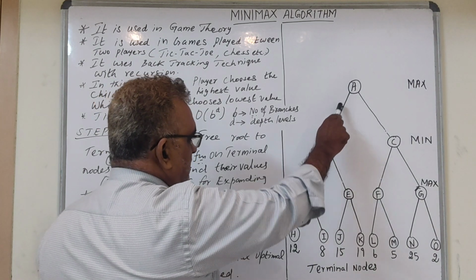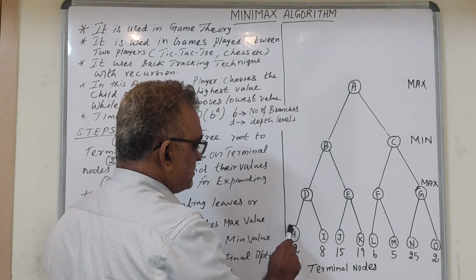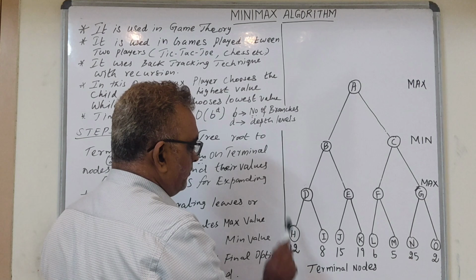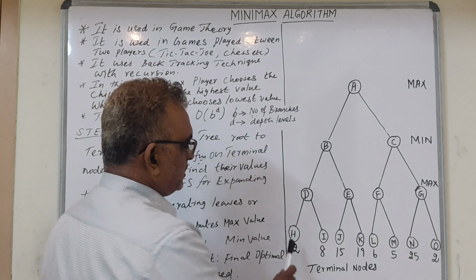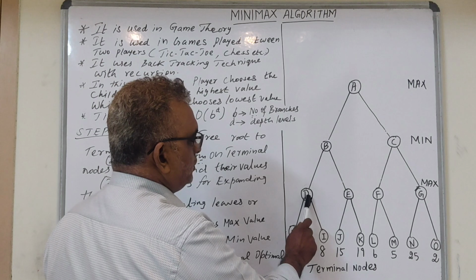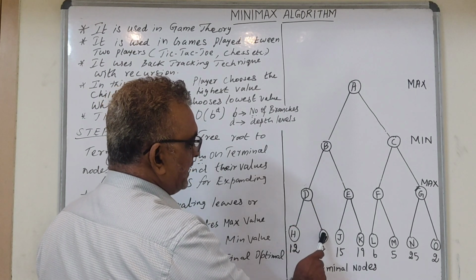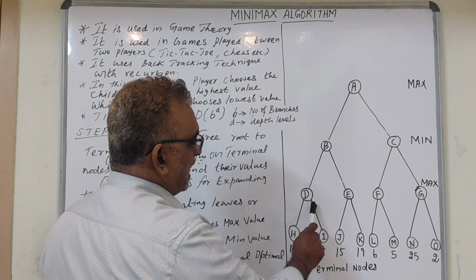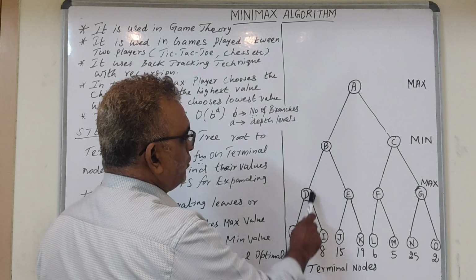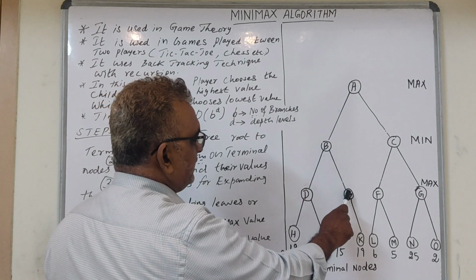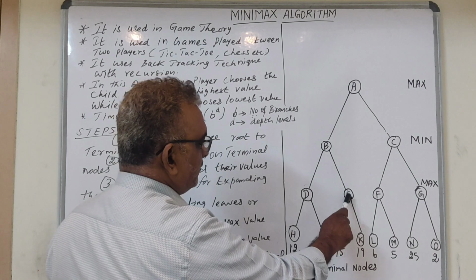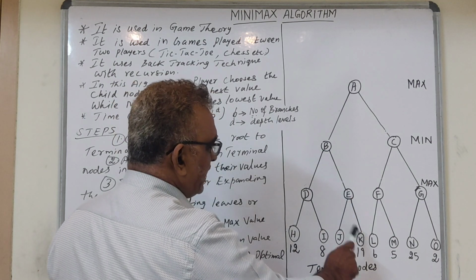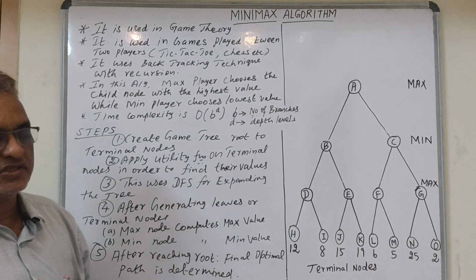For example, the search starts only from the lower left node, that is H. Then it goes to the node D, then again I. Then after completion of this, it goes to B, then again E to J. From J to E, then again E to K. It continues like this.